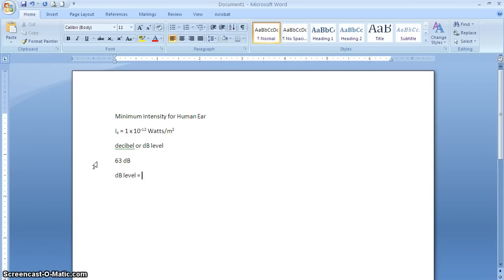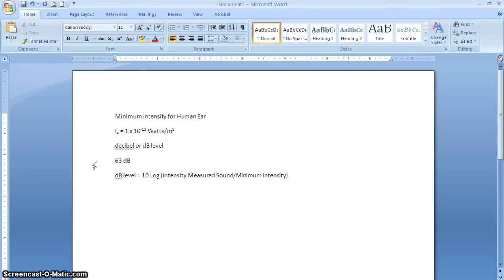To get the decibel level, I take 10 times the base 10 log of the ratio of the intensity of your measured sound divided by the minimum intensity for the human ear. That's the I sub O that we looked at earlier.